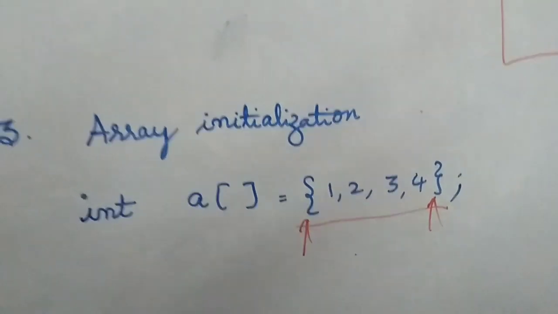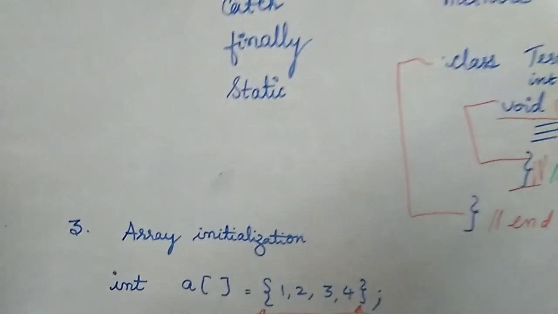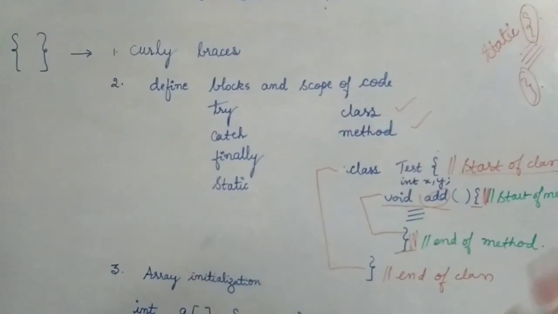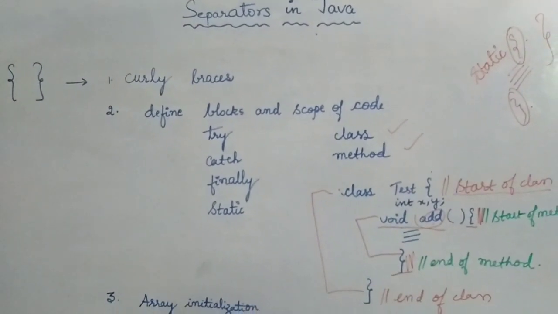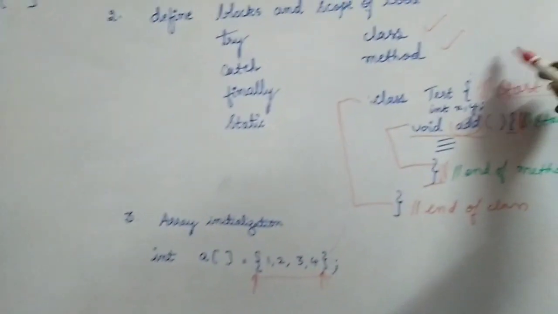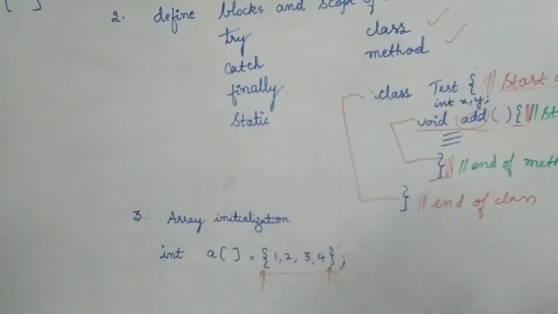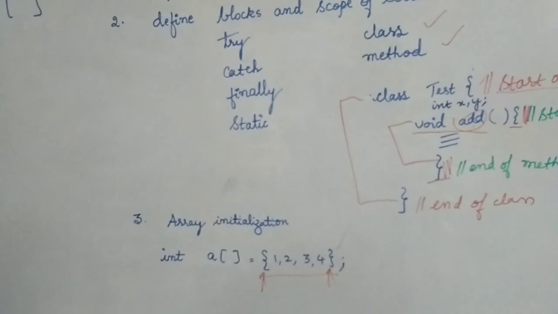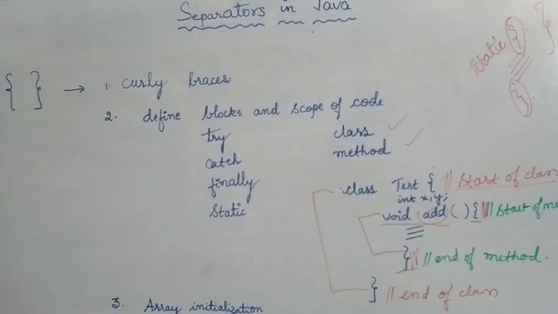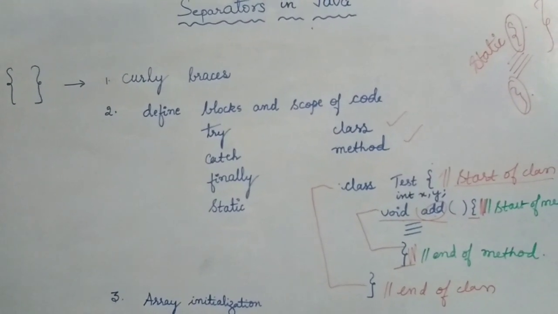Remember what I said about separators: the significance depends upon the context. Here, based on the context, your compiler will decide whether the brace is acting as initialization or as scope. Based on the position of the separator, your compiler will be able to distinguish its meaning.